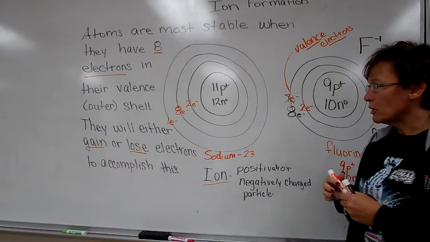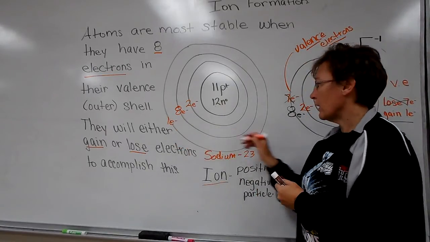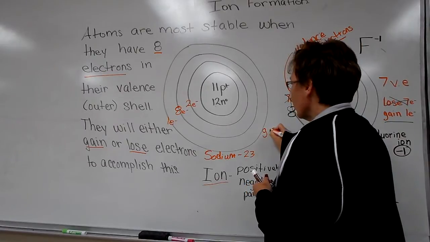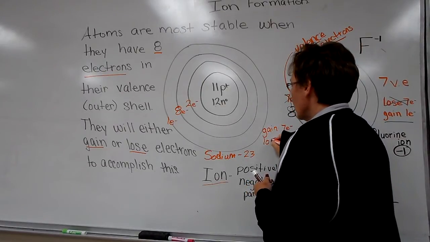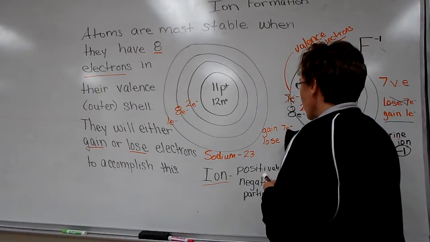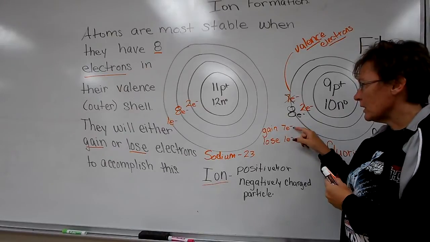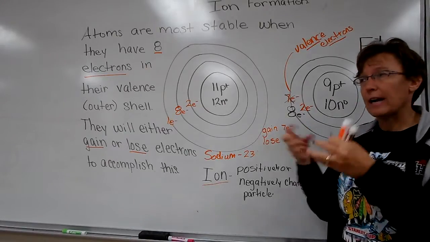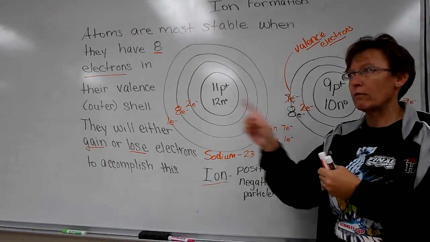So there's 2 options for sodium. It's only got 1 here, so it can either gain 7 electrons or lose 1 electron. So which of these options is going to be the easiest? To find 7 electrons to gain from other atoms, or to just give 1 away?